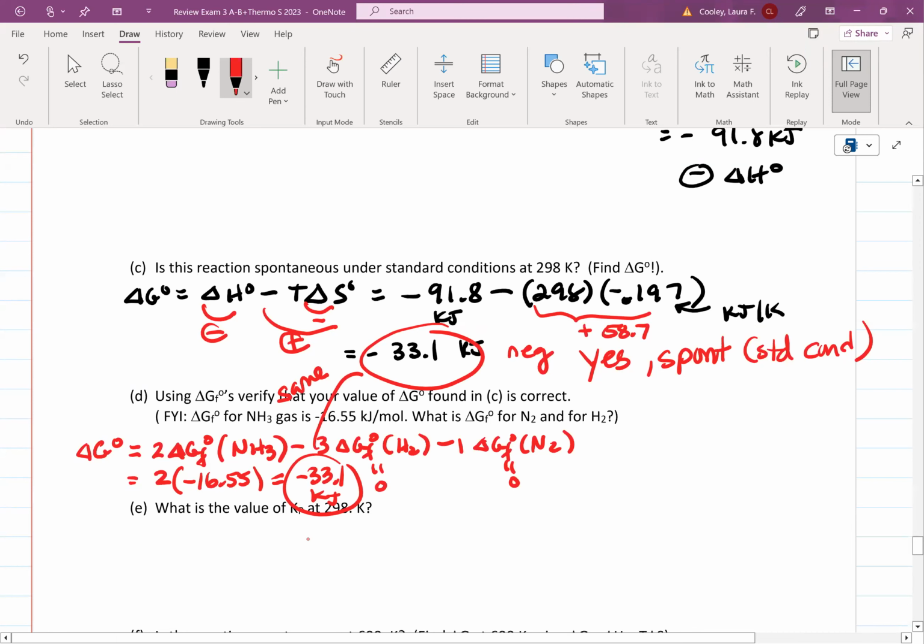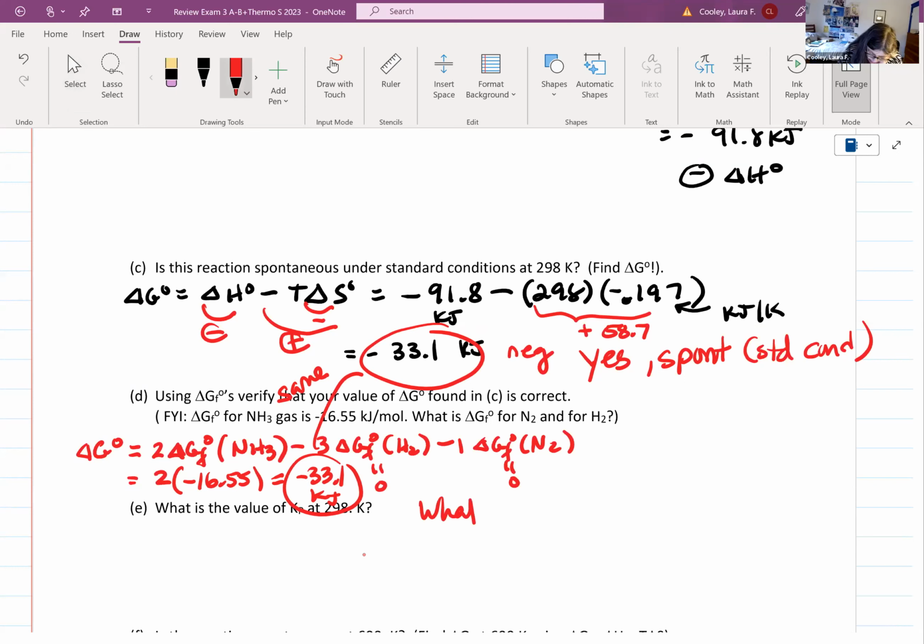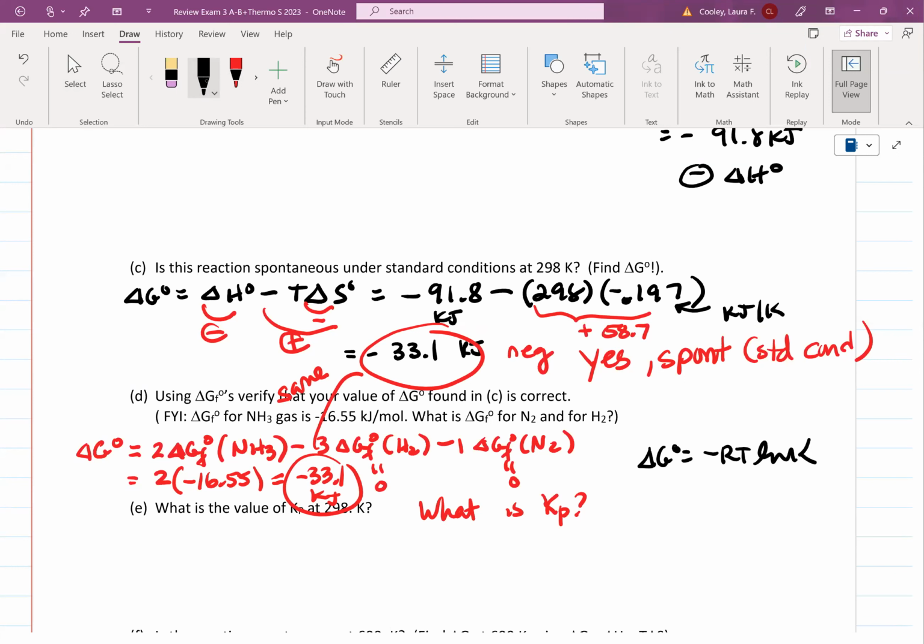So now it asks you, what is Kp? So here you're using delta G is minus RT log of K, but you're using it kind of in reverse.